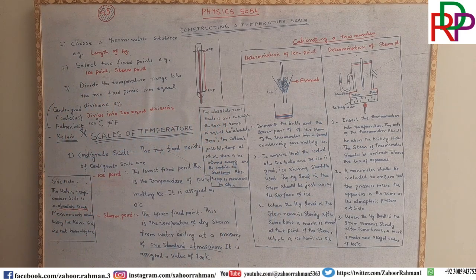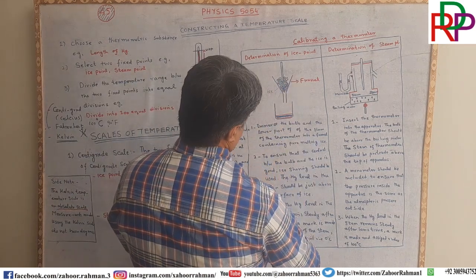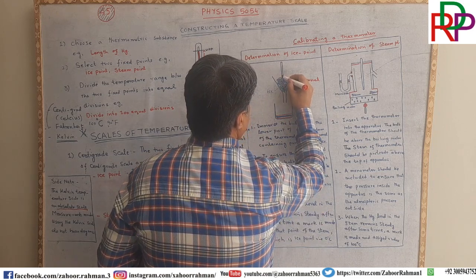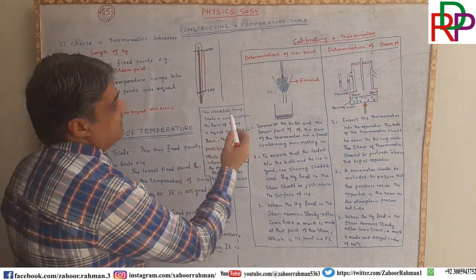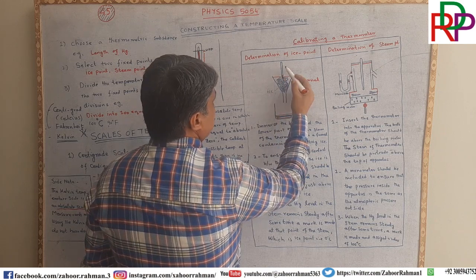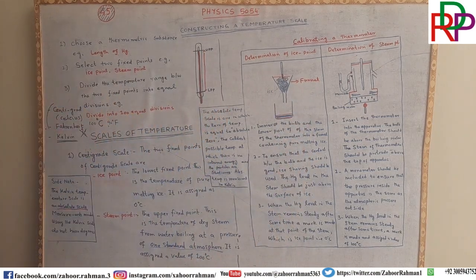It should be above the surface of the ice. Ladies and gentlemen, there must be what? They are saying that the mercury level should be above the surface of the ice, which in this case is this area. This must be above. Why? Because it will come down.